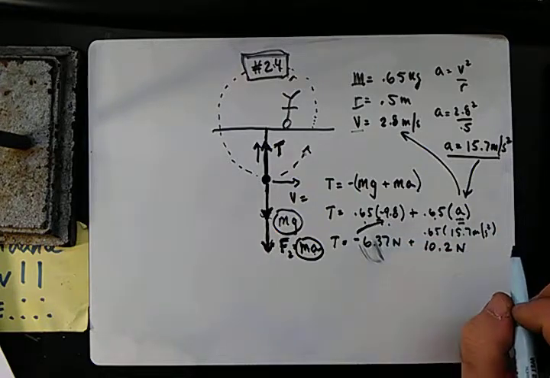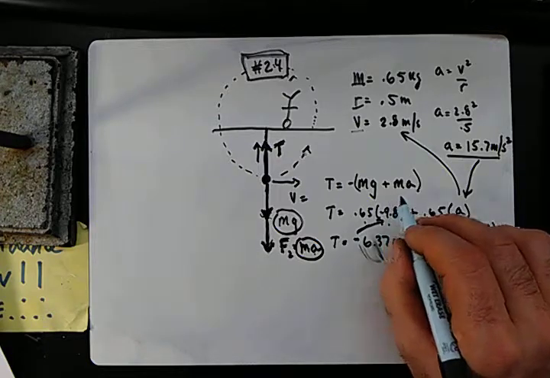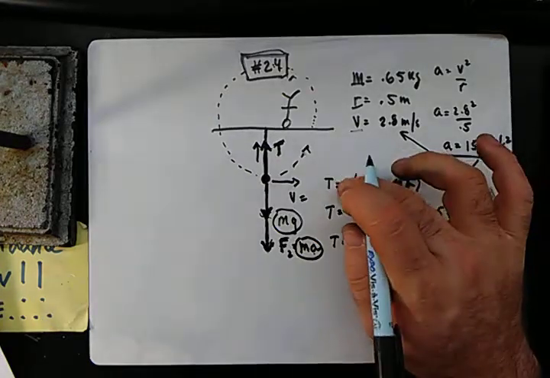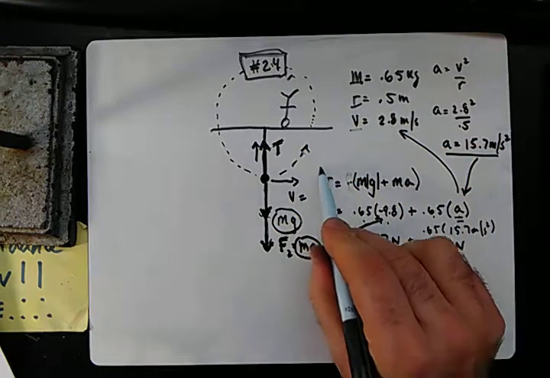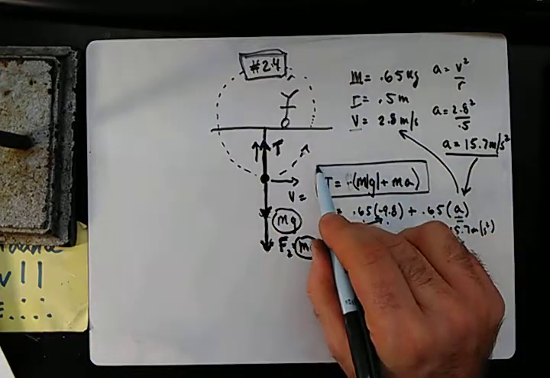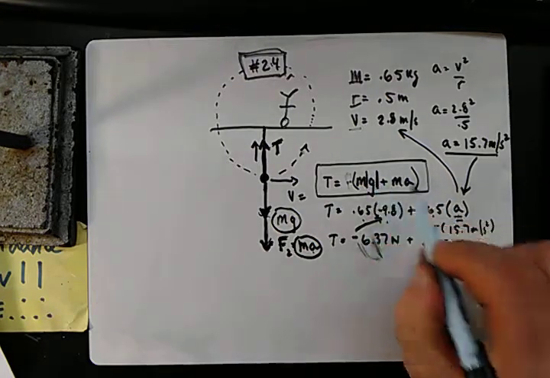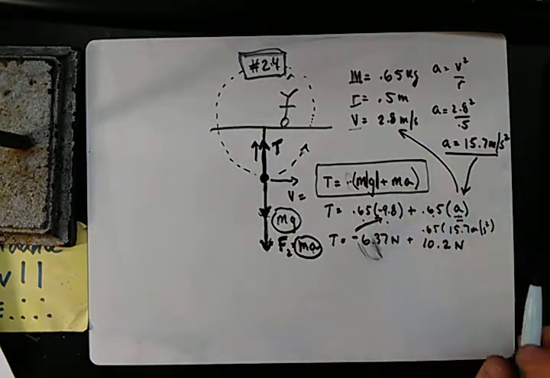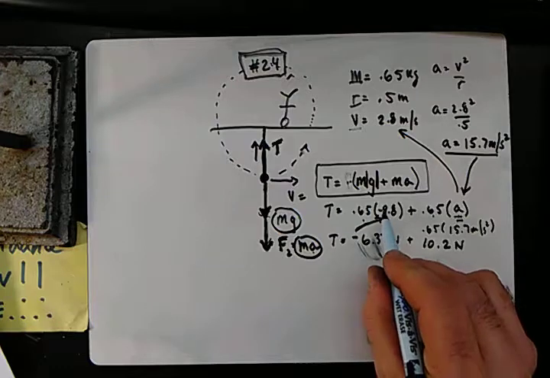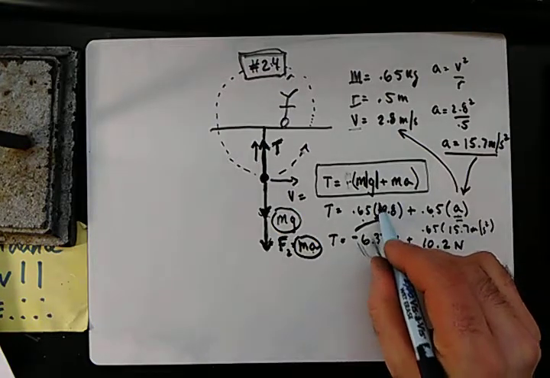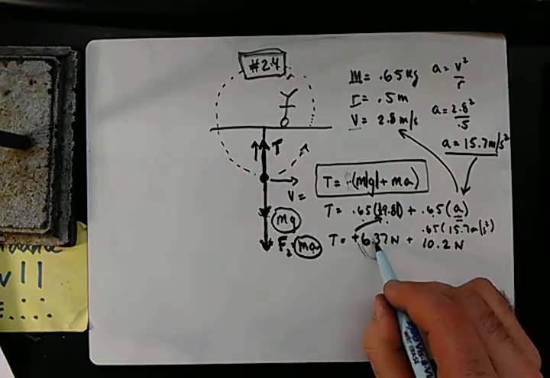So if we take the absolute value of gravity, then we can come up with a reasonable formula to calculate the tension. So mass times the absolute value of gravity plus ma equals our answer. So if this was an absolute value, it would be positive, and this would be positive as well.